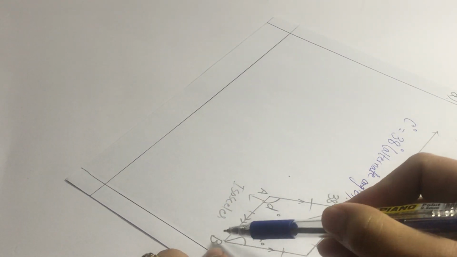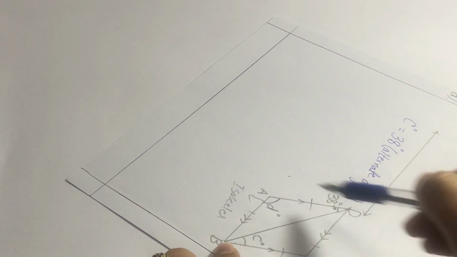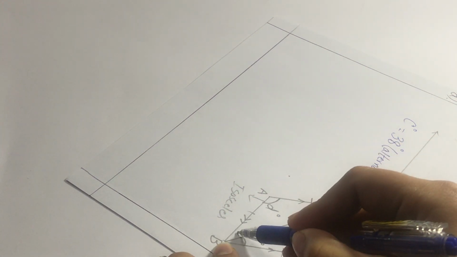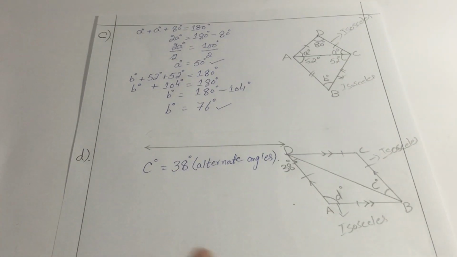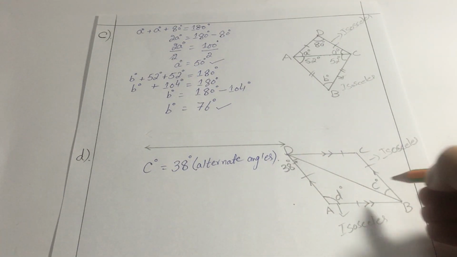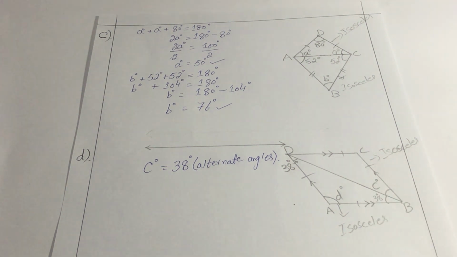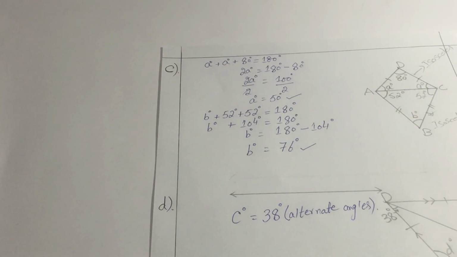This is an isosceles triangle and its base angles would be equal. If one is 38 degrees, so this one is also equal to 38 degrees, right? So, if this angle is 38, then this is also equal to 38 degrees, right?